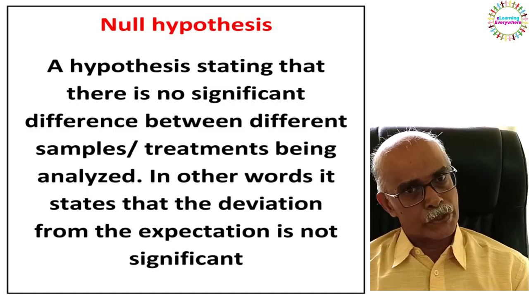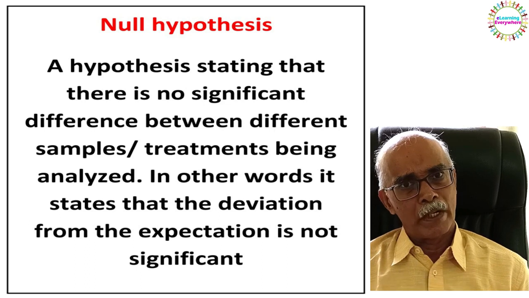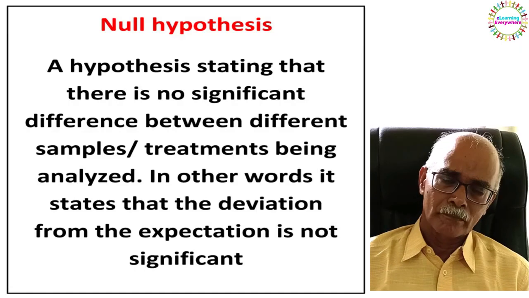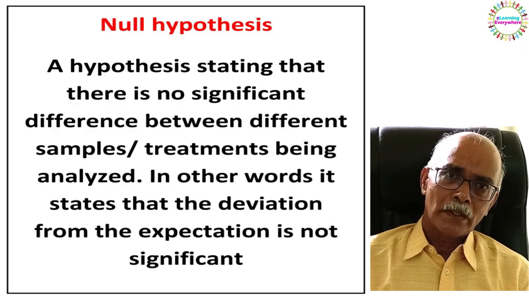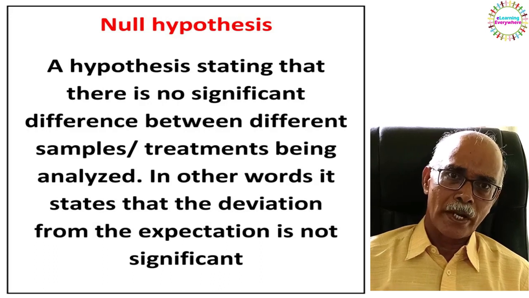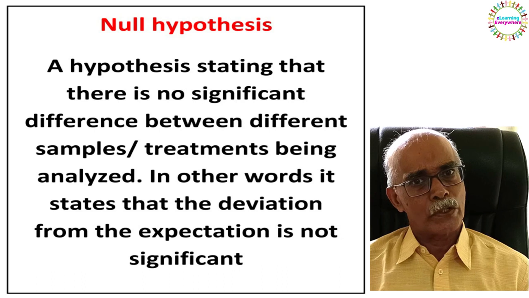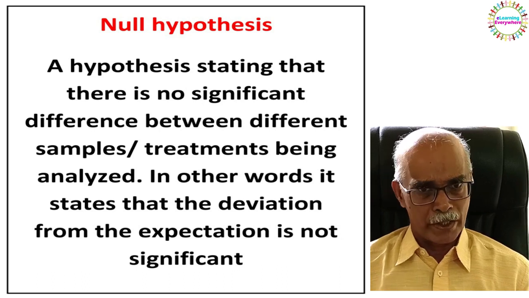And the first type of hypothesis, which says that there is no significant difference between the treatments, the samples, in the case of a particular phenomenon, a particular character, is known as a null hypothesis.